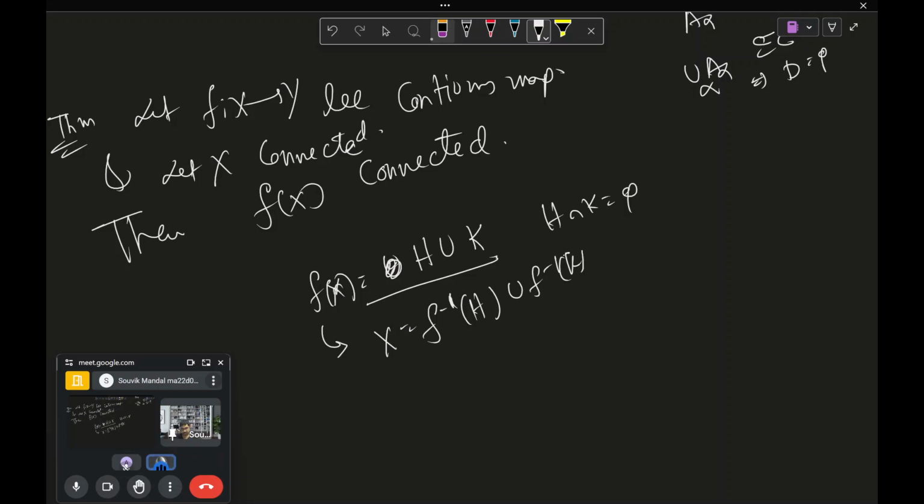The inverse image respects unions. So f(x) is equal to h union k. H intersect k is empty. So take the image of h intersect k.